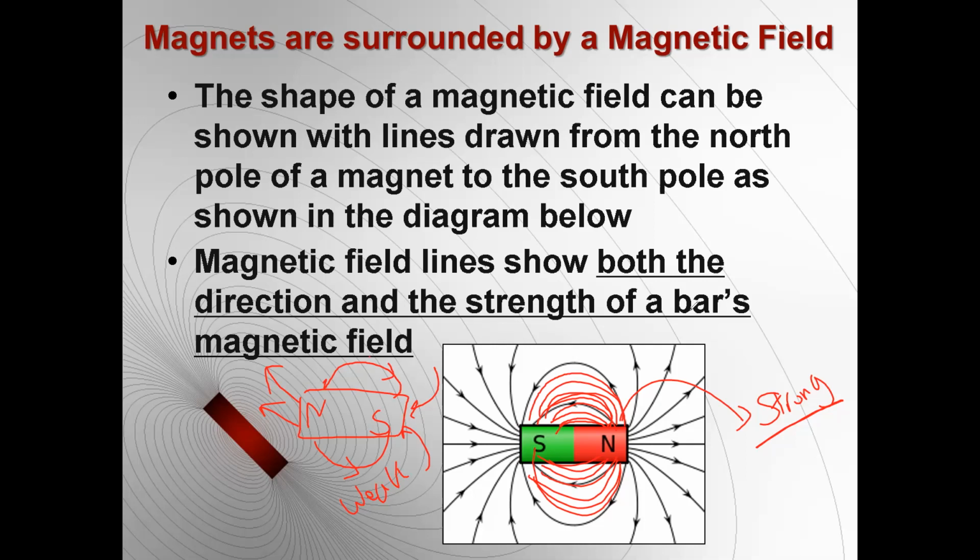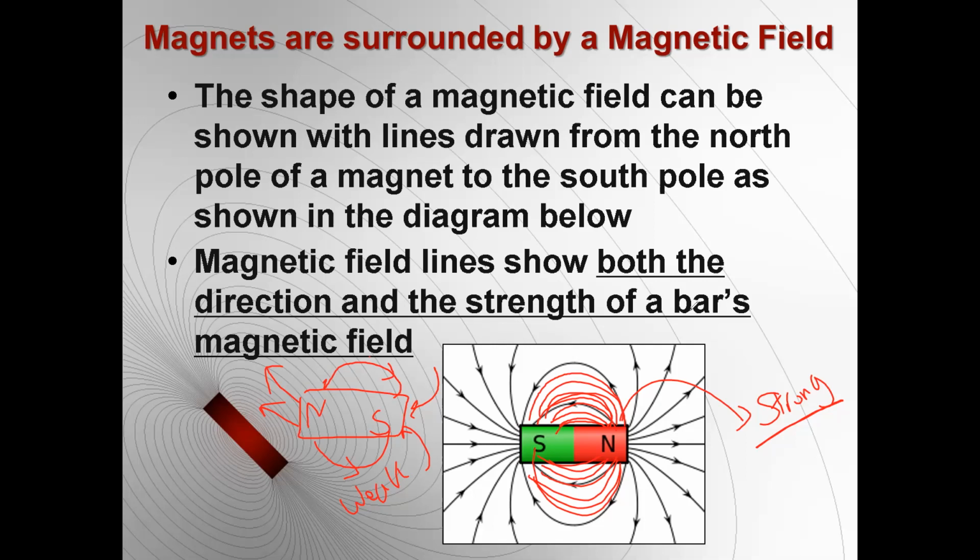Sometimes by changing the temperature, sometimes by cutting it, sometimes by putting it in a very strong magnetic field, it will change its magnetic field. So the strength of the magnets will be changed according to some factors. If it's surrounded by a strong magnetic field, or if we put it at a high temperature, the magnet will be changed.